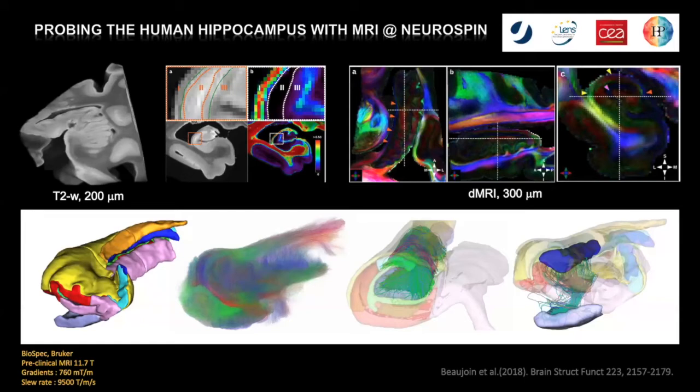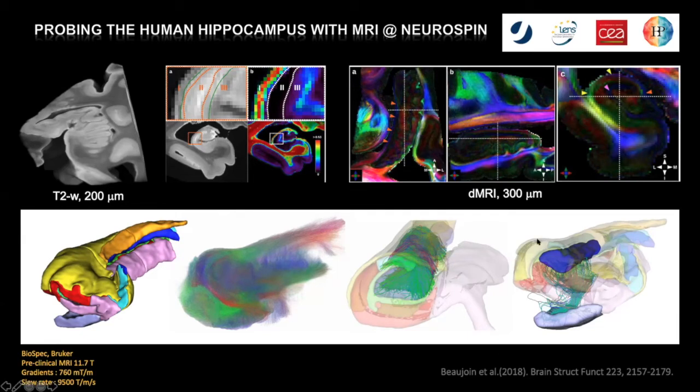And this is our first proof of principle in the context of the Human Brain Project. We sent some postmortem sample, temporal lobe, to Neurospin, and they did a delineation of the measurement with the 11.7 Tesla preclinical scanner at that time at Neurospin, and they did the analysis of the inner connectivity of the hippocampus.